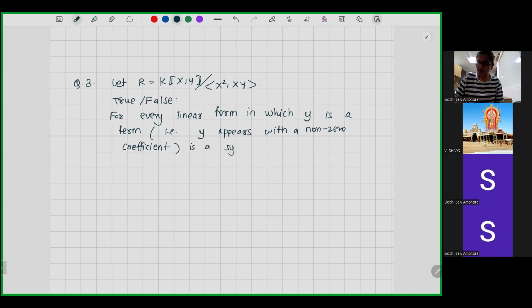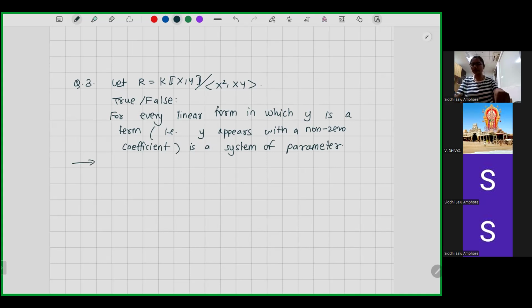is it a system of parameters? So we have to check this. Again, this R is a power series ring. It is graded. Again, we are quotienting it by x square comma xy, which is a homogeneous ideal.